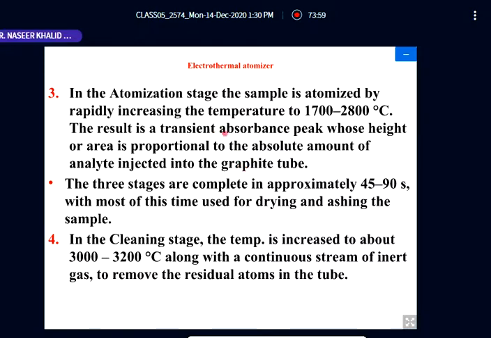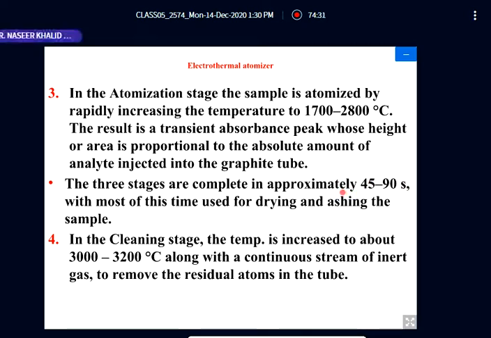And all these stages, that is first drying, ashing, and then atomization, will take approximately 45 to 90 seconds for a single sample. So it is quite time consuming. Within 90 to 100 seconds, the drying, ashing and atomization take place.